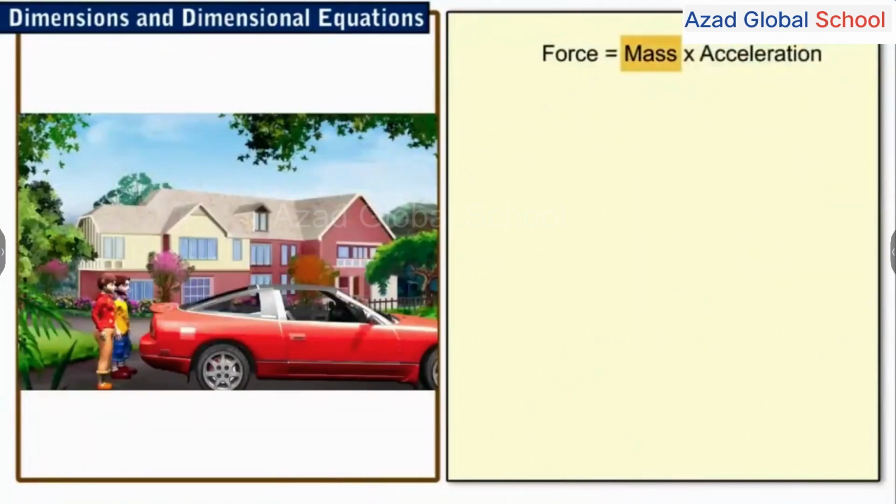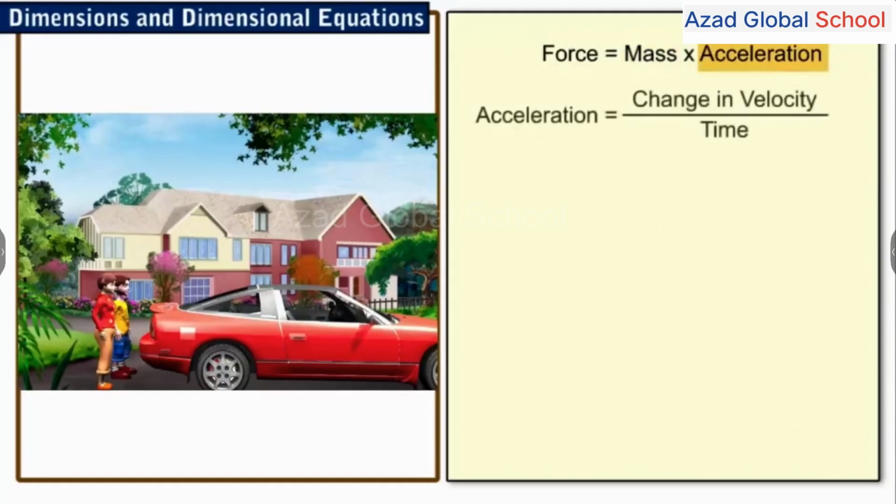Mass is a base quantity, and acceleration is a derived quantity, which is the ratio of change in velocity to time. Velocity, which is also a derived quantity, is the ratio of displacement to time.